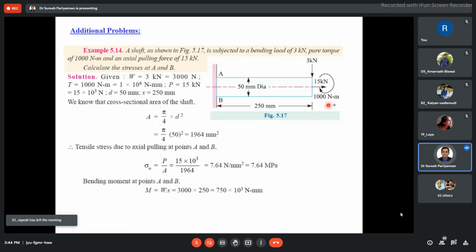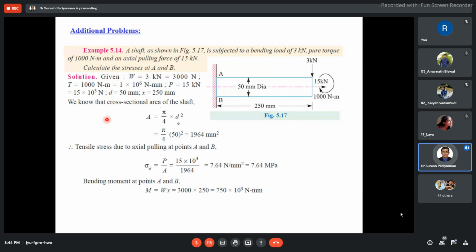The component dimension given is 15 mm, hence you have to convert into mm. So 1000 into 10 power 3 Newton millimeter. Most of the students make mistakes here. We identified this last semester also when I taught DT.